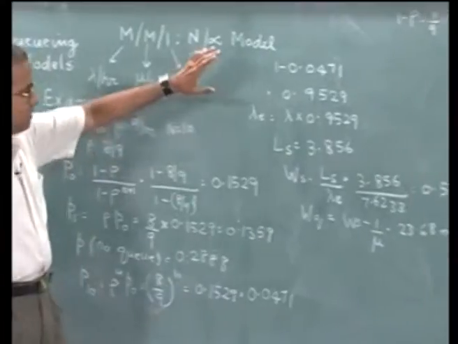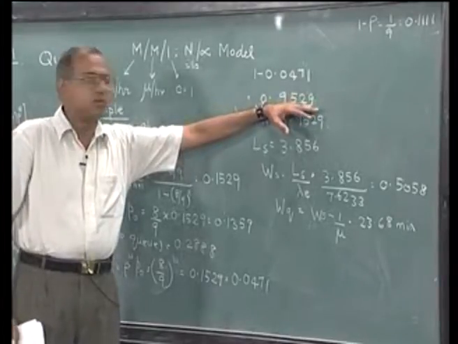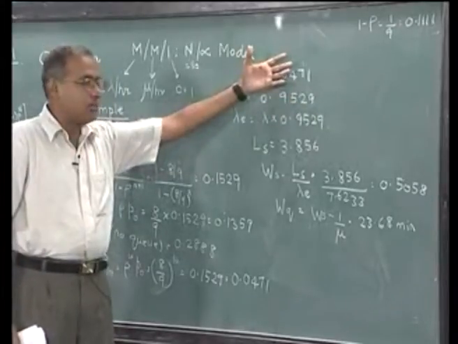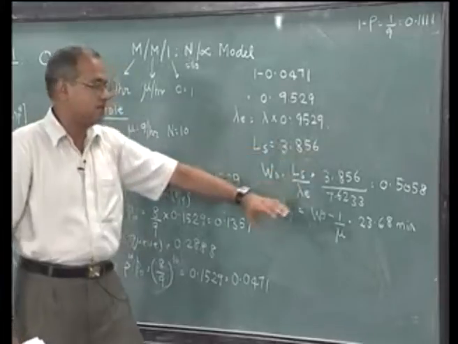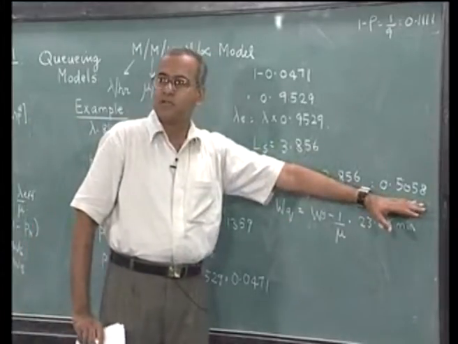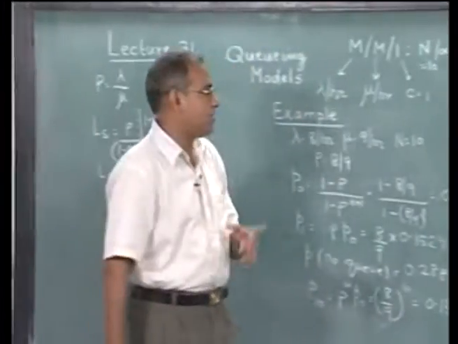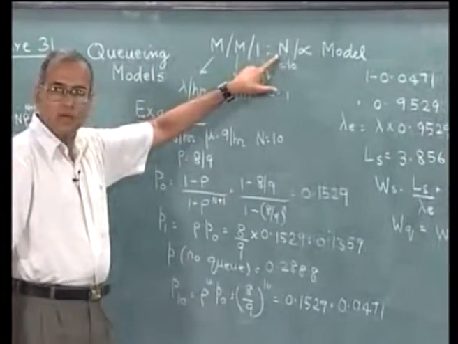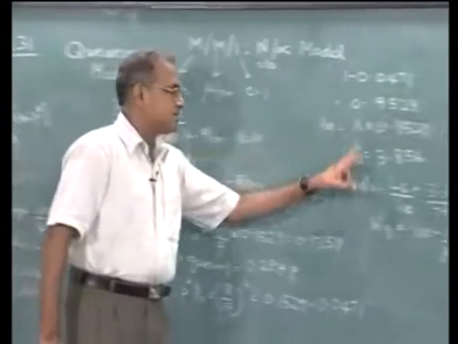Now, in this, only 95% of the people who actually come into the system join the queue. The expected number in the system comes down drastically, expected time in the system comes down drastically. So, from a customer or a consumer point of view, this N is useful, because when you come in, this is the performance.